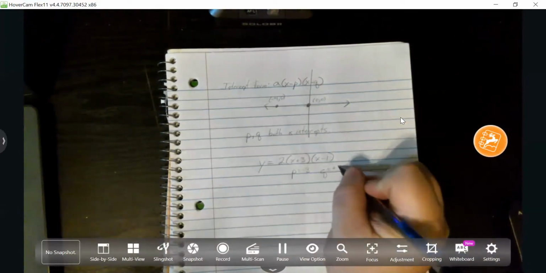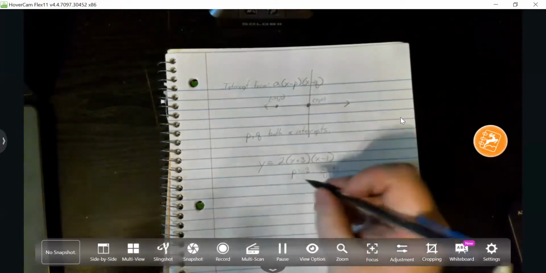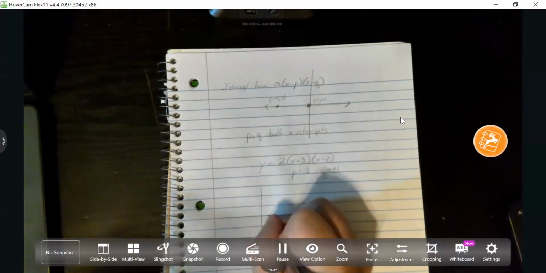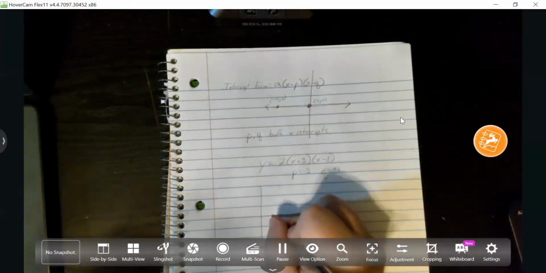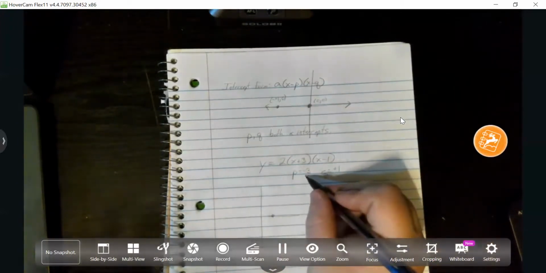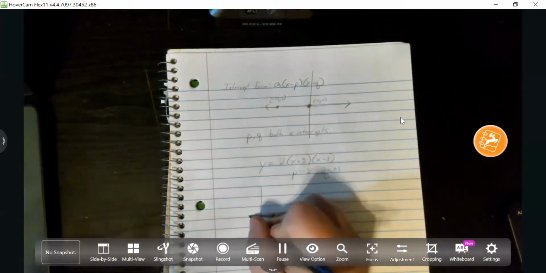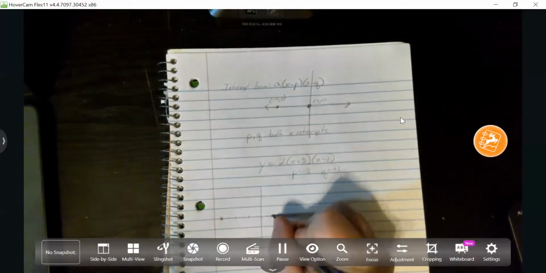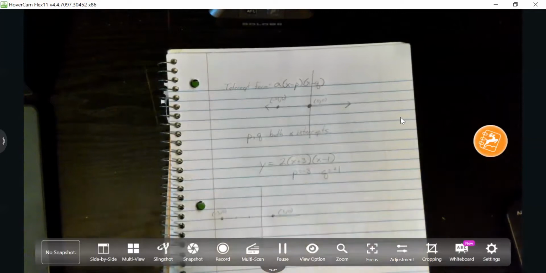My q value is positive 1. That's telling us two of the intercepts. Positive 1 is one of our intercepts here, and negative 3 is another one. So I know these two points are on my graph: (1, 0) and (-3, 0).